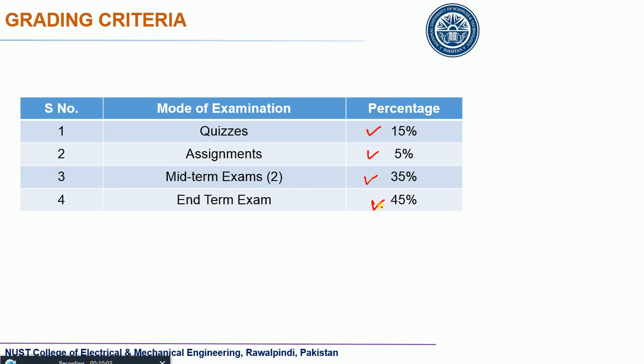So if you have any question or any objection on this grading criteria, you can raise it now. This is the time. This is kind of a very student-friendly grading criteria. Don't tell me to make this assignment part equal to 100%. I won't do it. Okay.